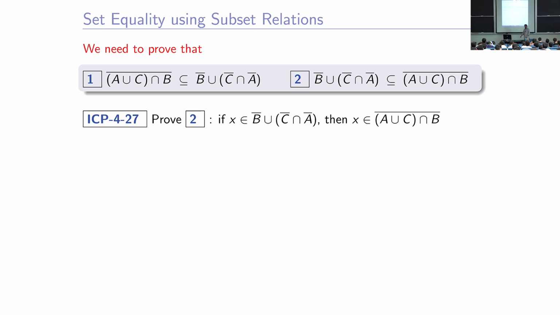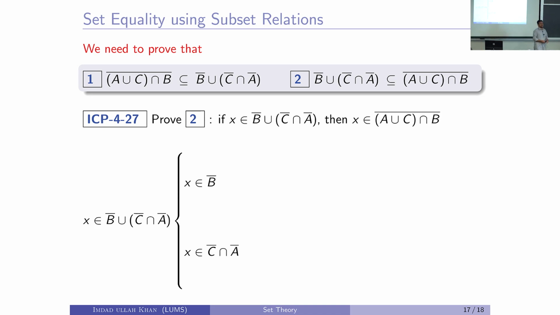Okay, so now I prove the second side, which is that R is a subset of L. That is just applying the definition of R. It says if X is in R, then X is in L, right? So if X is in R, then X is in L. Let's see, what does it mean when I say X is in R? When I say X is in B complement union C complement intersection A complement, what does it mean?